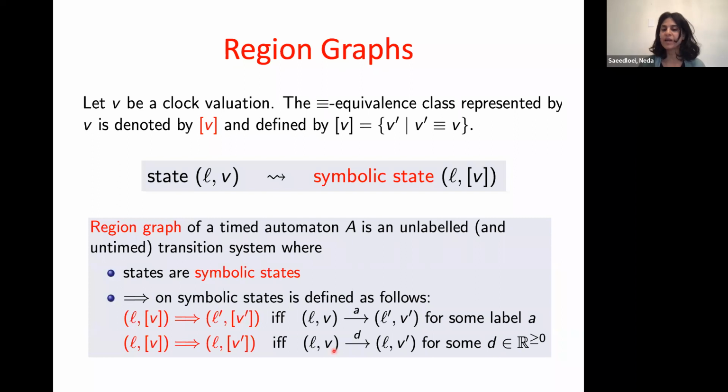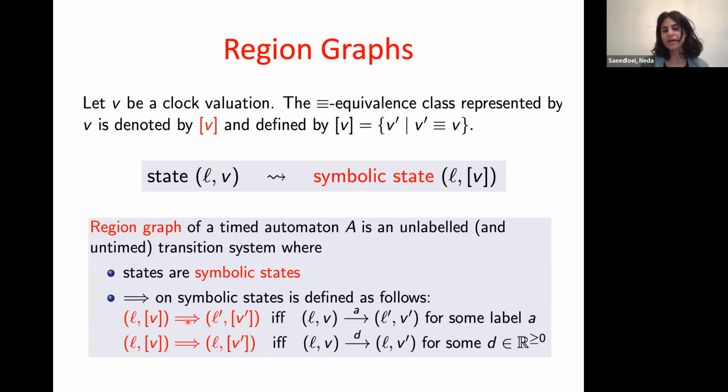Similarly, if in my initial state transition system, I could take a time transition of D units, then I can still take a transition from L and the equivalence class of V to L and the equivalence class of V prime.